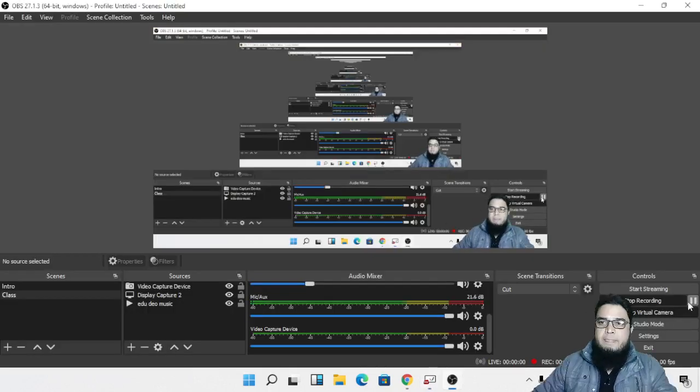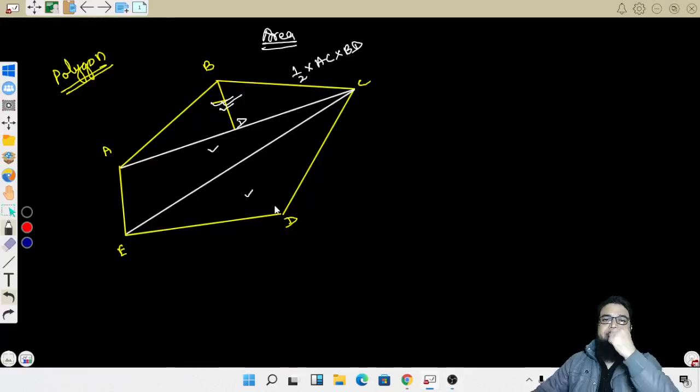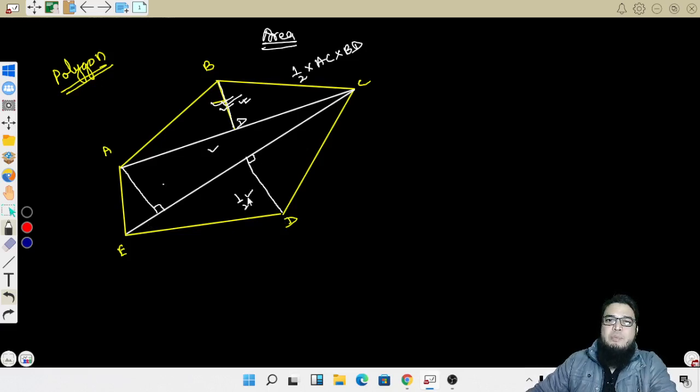Wait a second, beta, wait. So we can divide it into different triangles. We can calculate the area of these triangles, as I have drawn the height over here, so we can calculate this area by half into base into height, and we can draw the height over here, and calculate half into base into height again.